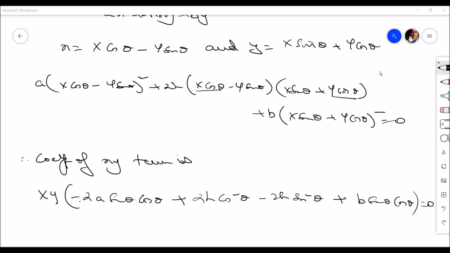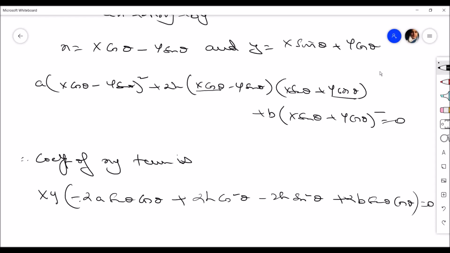All of you got it? In fact, there'll be a 2 also. Just take a minute to understand if all of these terms are clear. Yes, let me repeat once again. Where all do you get an xy term? When you expand this, you'll get x square cos square theta plus y square sin square theta minus 2xy sin theta cos theta into a.